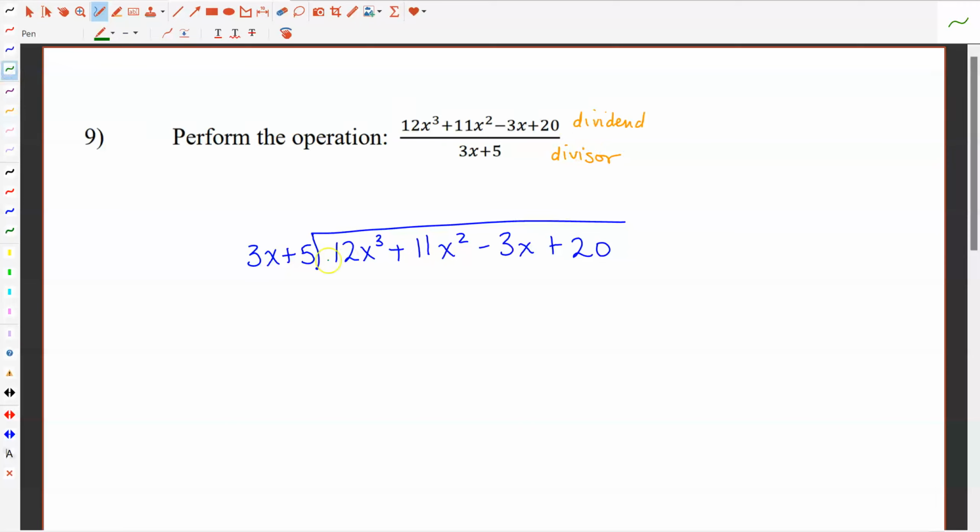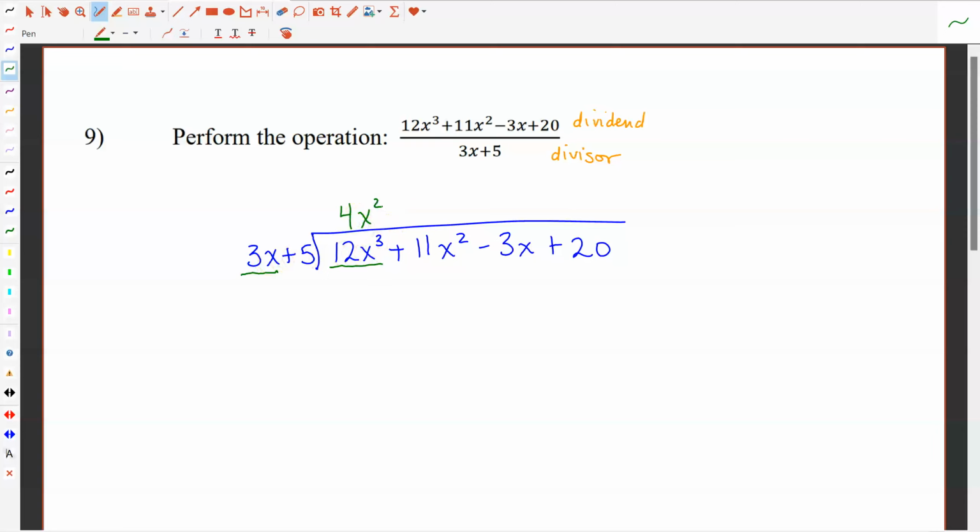To start, we look at the first term underneath and then the first term on the outside. And we ask ourselves, 3x times what gives us 12x cubed? To get from the 3 to the 12, I need to multiply by 4. And to get from x to x cubed, I need to multiply by an x squared.